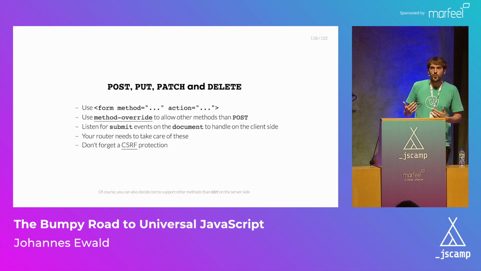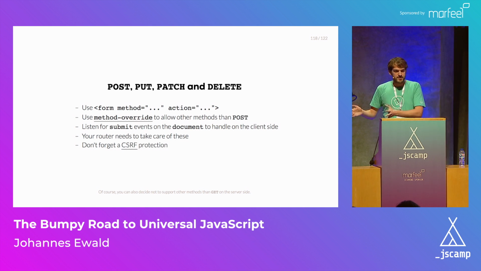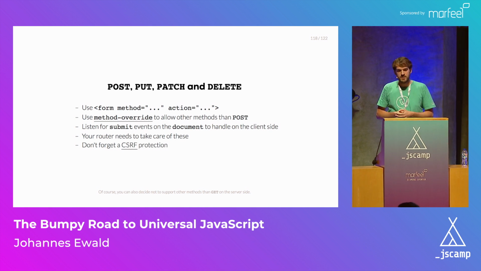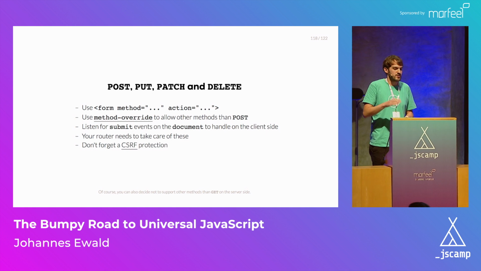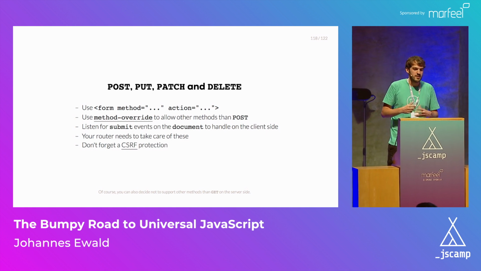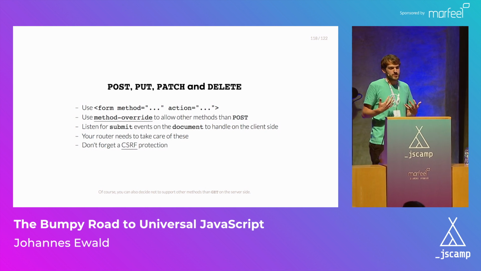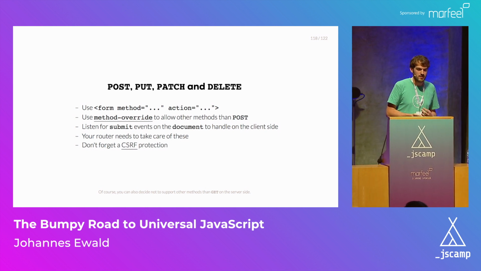And then it's the same approach as with the anchor tags. With the form, you wait for submit events on the document, and you just handle them on the client side. So when the client is not ready yet, we send a real request to the server. When the client is ready, we just catch the submit event and respond on the client to that event. And of course, the router needs to take care of these.